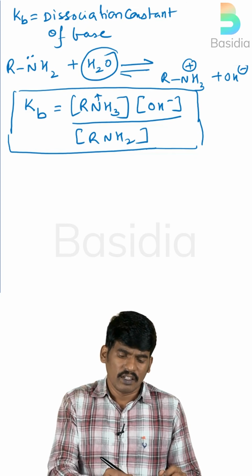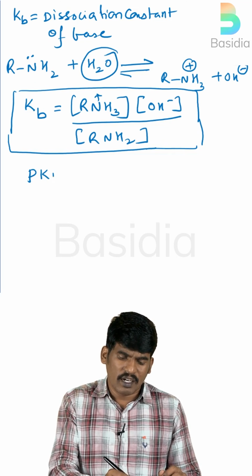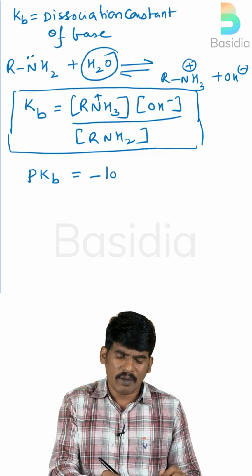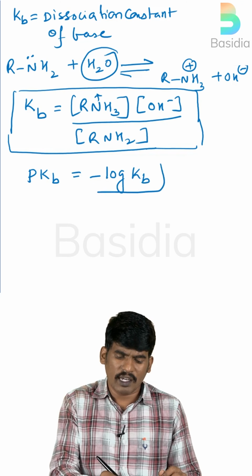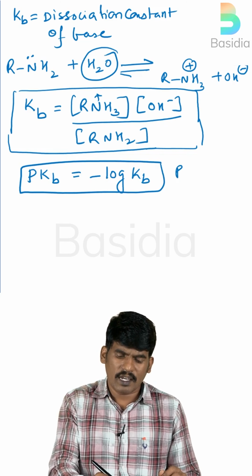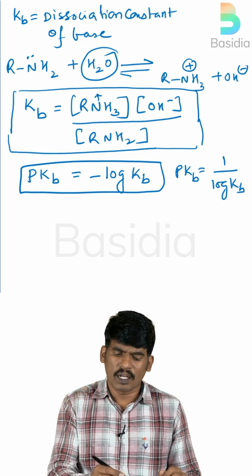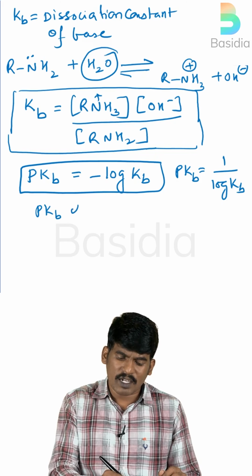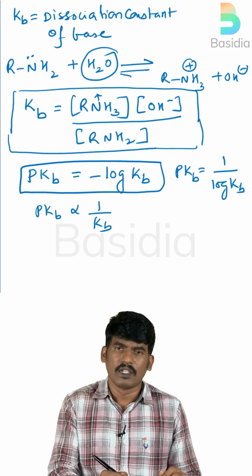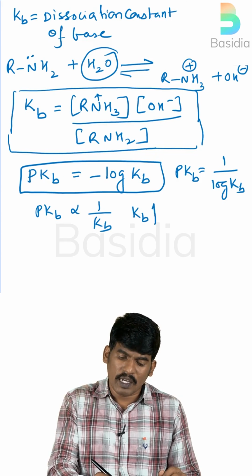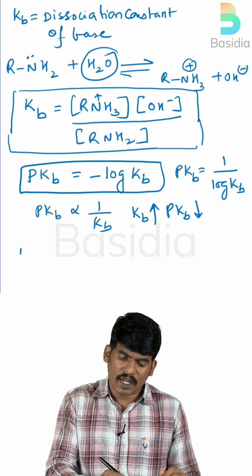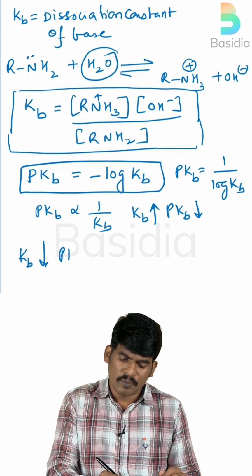The relationship is pKb equals minus log Kb. So pKb is inversely proportional to Kb. If the Kb value increases, the pKb value decreases. If the Kb value decreases, the pKb value increases.